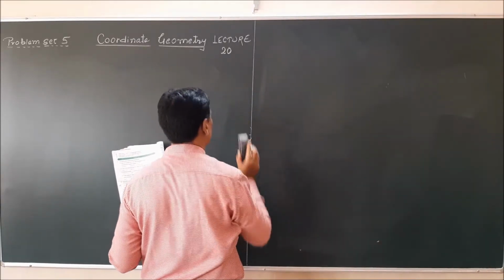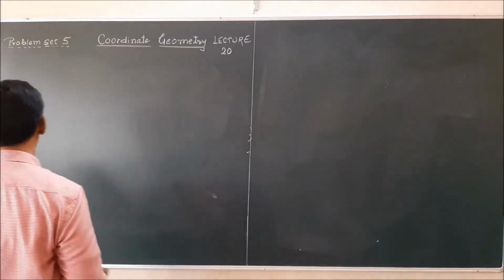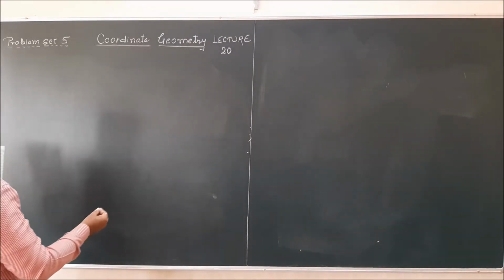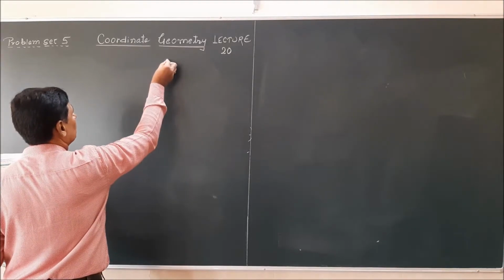The center is the center of a circumcircle, so you'll find the coordinates of the circumcenter of a triangle. Now I'm going to draw this triangle.